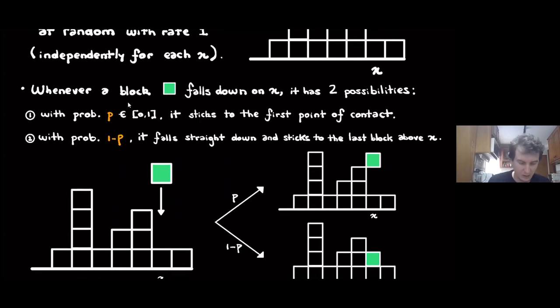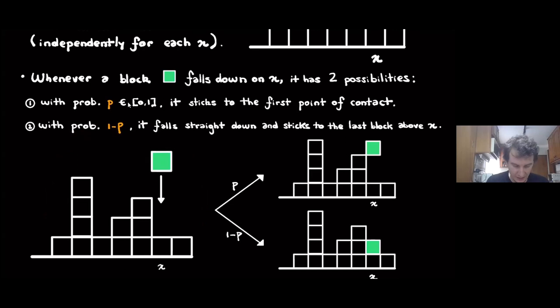So for example, if you have a situation like this, where we have a block falling over this site x, okay? Then the first point of contact would be this corner right here, okay? Which belongs to this block right here on a column which is a neighboring column to the one on which the green block is falling, okay?